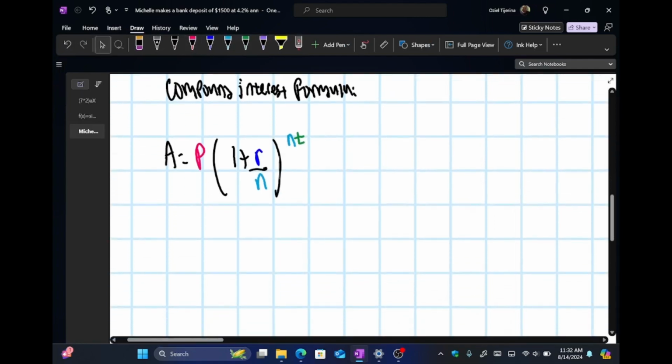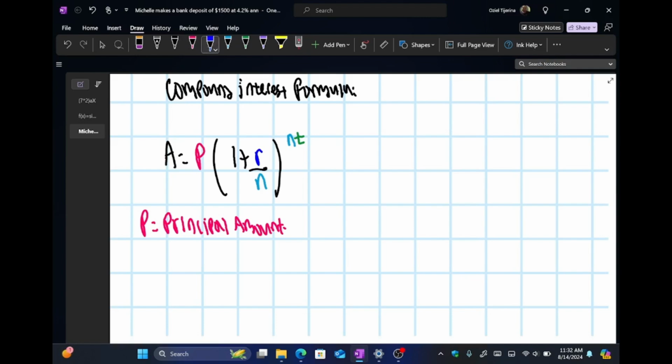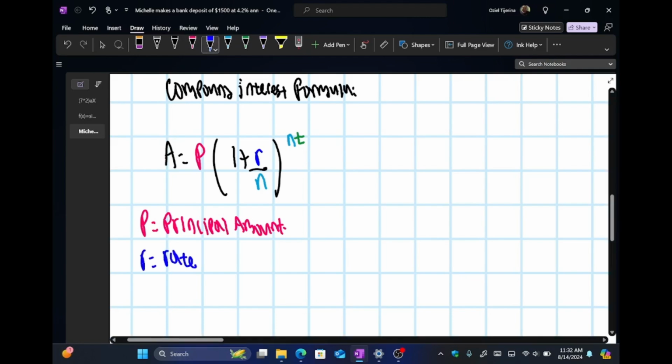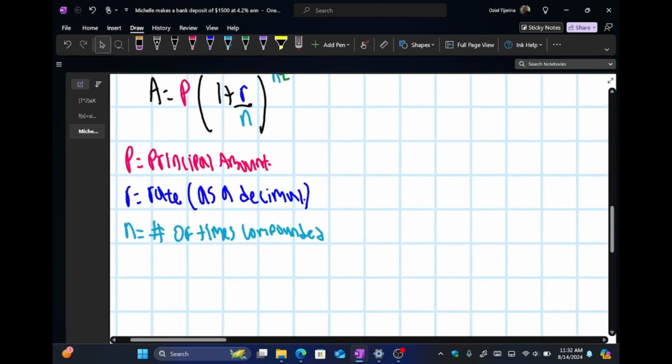P is the principal amount, R is the rate as a decimal, and N is the number of times compounded per year, because we always talk about in a year.